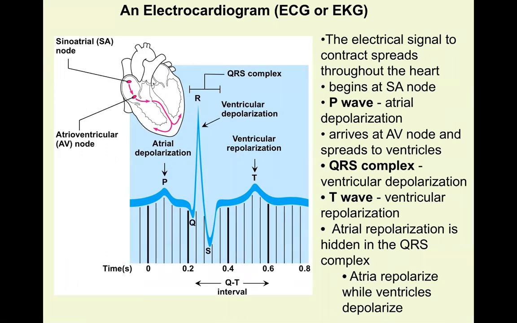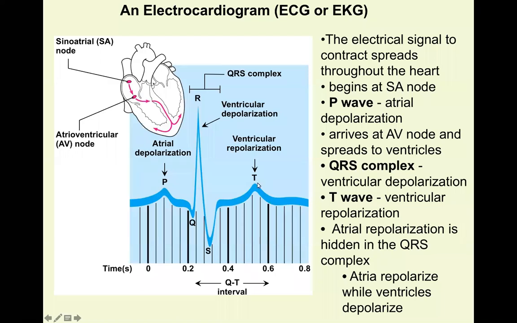At the AV node, the electricity is delayed briefly to give the atria time to finish contracting, and it then passes through the larger ventricles. The large QRS complex indicates ventricular depolarization.